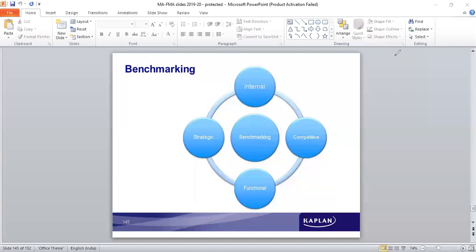Done. So by deciding a benchmark, also the performance can be measured. So what is done? The comparison. See, the performance of the benchmark is first taken into consideration. How is the performance measured? Either performance by financial perspective or non-financial perspective.